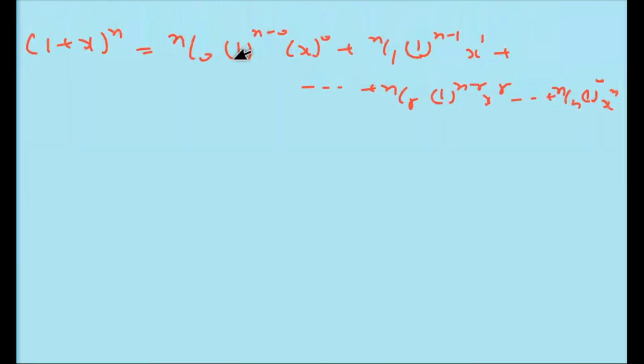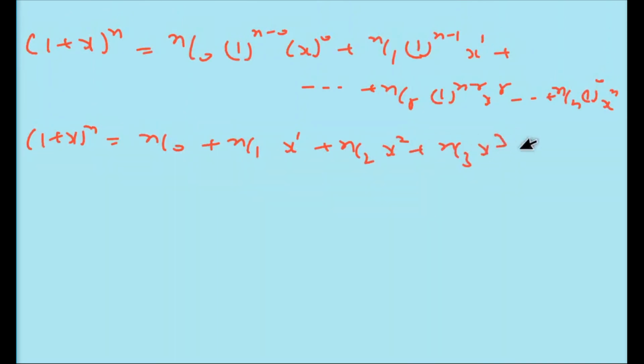So we should not write the value of this one, okay, because the value of this is 1, so we can write in this way: nC0 plus nC1 x to the power 1 plus nC2 x square plus nC3 x cube and so on, nCn x to the power n.